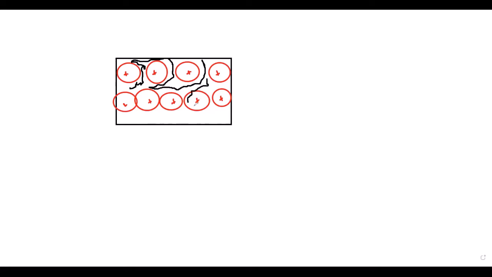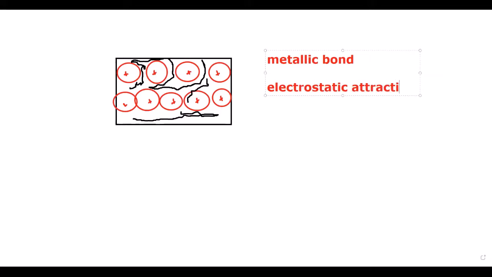So as we go down the group, because the ionic radius increases, the attraction between the electron and the nucleus decreases, because the positive ion is attracting the electrons, and that electrostatic attraction between the positive ion and the electron is known as a metallic bond. So that is the electrostatic attraction between the positive ion and the free electrons.